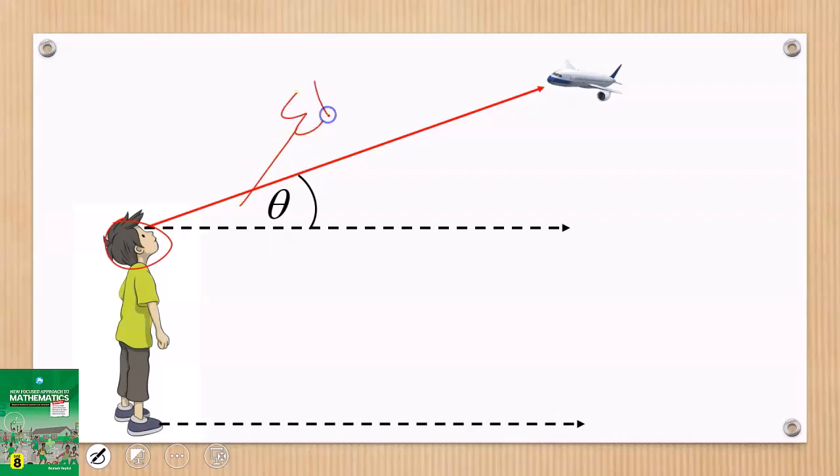That means the angle between your normal sight, that's the black line, and the line you use to raise your head in order to see the object you are looking at. You elevate your head, so that becomes the angle of elevation.